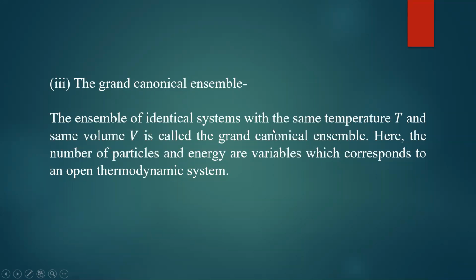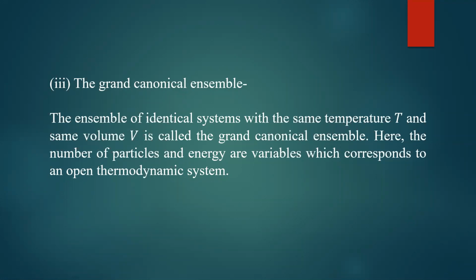This ensemble of identical systems with the same temperature T and same volume V is called a grand canonical ensemble. Here the number of particles and energy can be exchanged with the surrounding, which corresponds to an open thermodynamic system. So these three ensembles are defined in statistical mechanics.